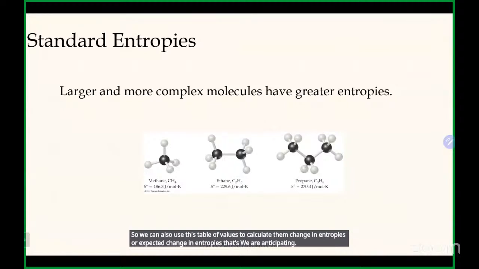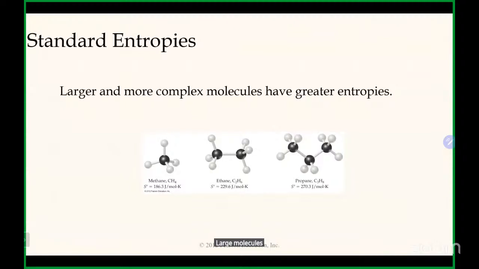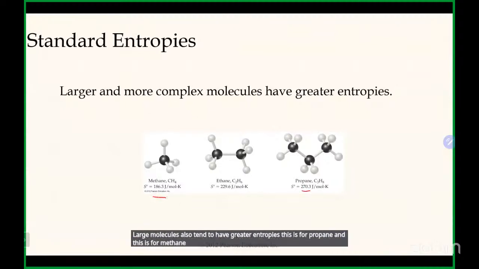Large molecules also tend to have greater entropies. This is for propane and this is for methane. So larger molecules also tend to have higher entropies than smaller molecules, as long as it is a tendency towards disorderliness.